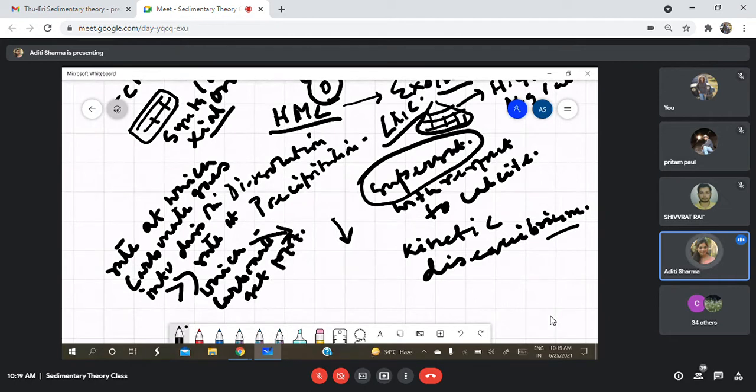That means if you expose the carbonates to any kind of water to which carbonate is not in equilibrium, immediately that water will start dissolving the carbonate. And which carbonate? The metastable carbonate, the aragonite, high Mg calcite. But as they go on dissolving, the saturation level of the water is increasing, and it will reach the saturation.